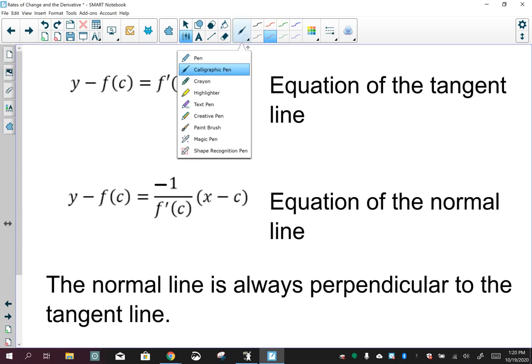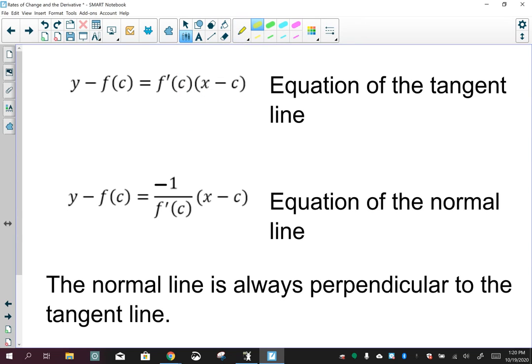The key for the normal line, and this was a Jeopardy question, is that it's always perpendicular to the tangent line. So that's the nice thing about the normal line. There's not extra work per se that you have to do, because you already have all the legwork laid out for you.